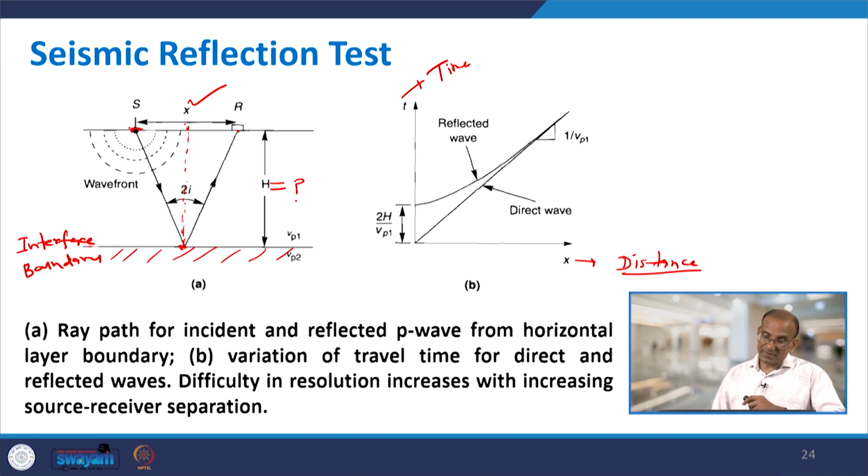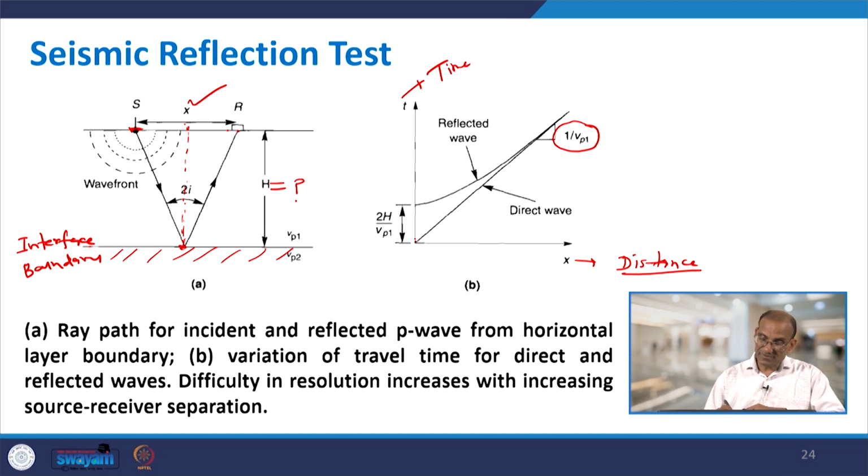Initially, the direct wave will start from 0, where there is no distance. If I put my source and then as time increases, the distance will increase. So, this is the x distance, and accordingly the inverse of the slope will be the P wave velocity.